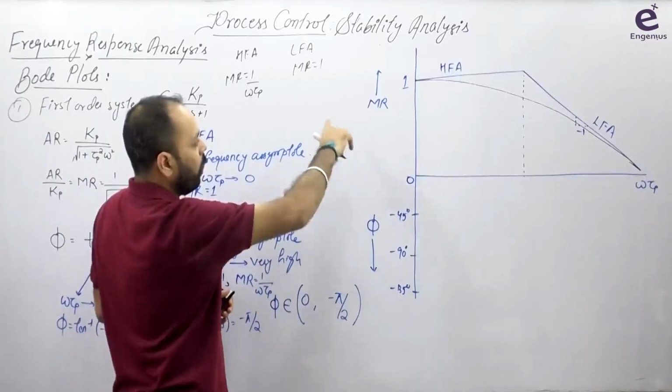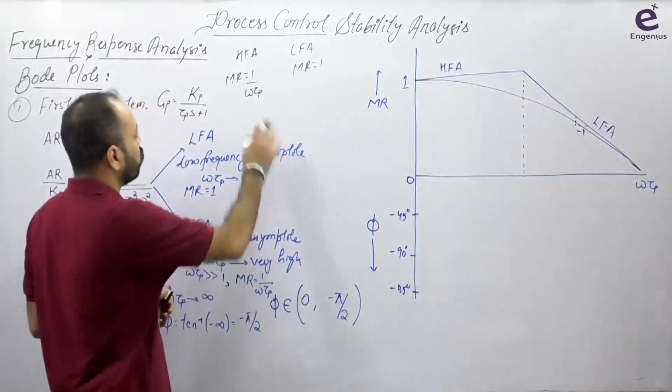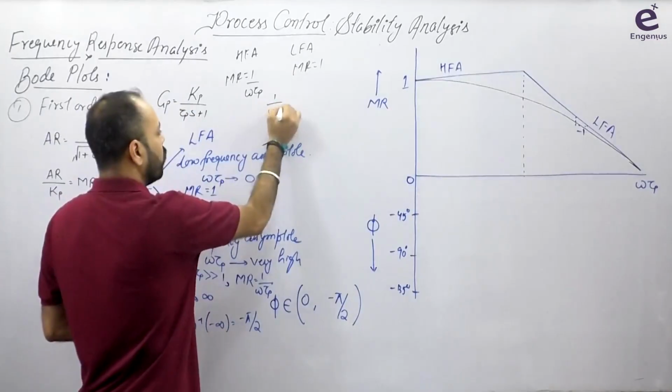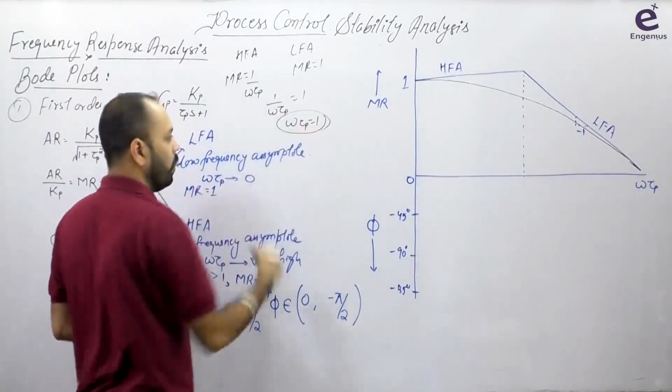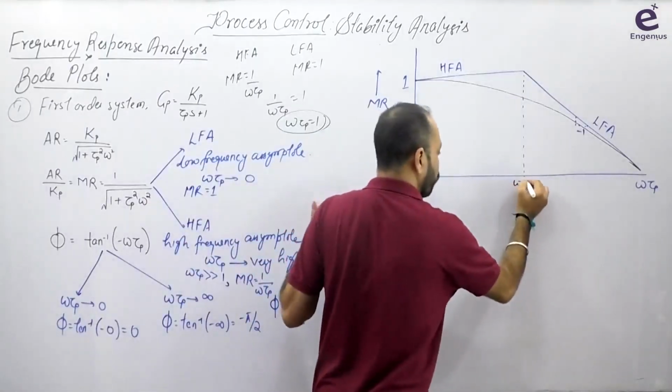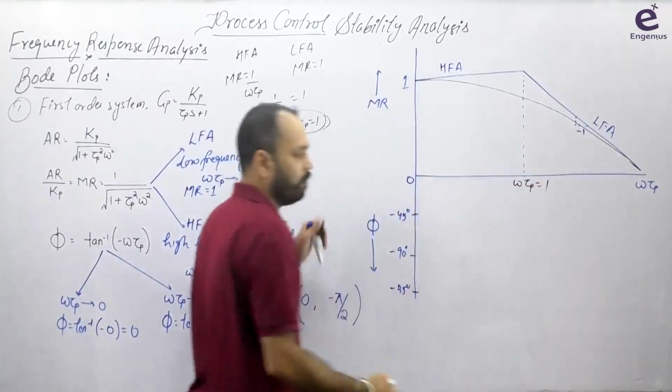At this value, HFA and LFA give you the same value, so I can equate them: 1 by omega tau p is equal to 1. So omega tau p equal to 1 means this value is omega tau p equal to 1.